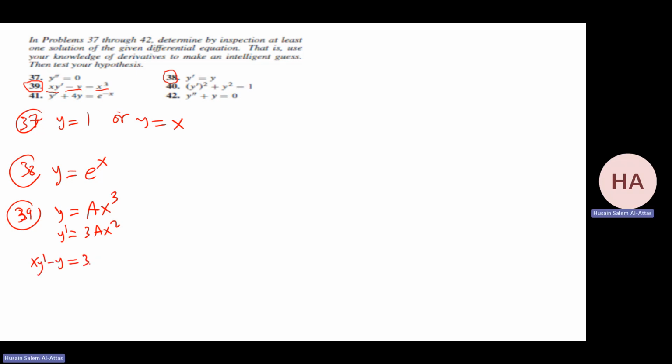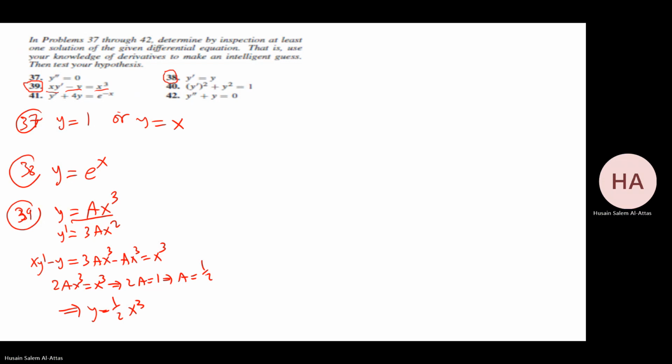That gives me what? 3a x cubed minus a x cubed. That gives me x cubed. So I have 2a x cubed equal x cubed. So I have 2a equal 1. So a should be half. So it will be my function, half x cubed. This is the function I started with.